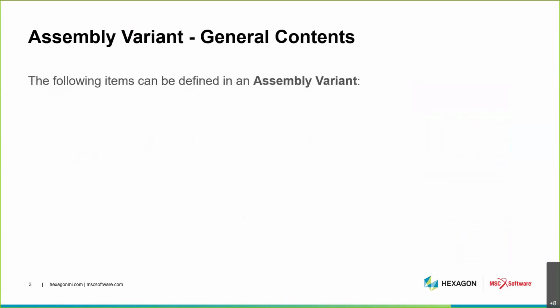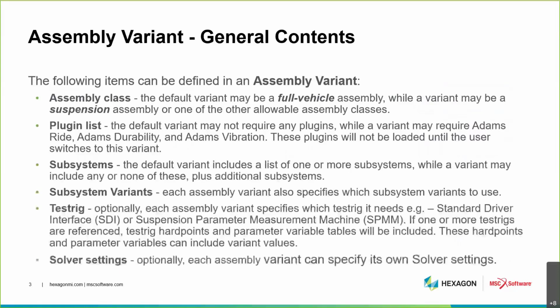As I mentioned, there are two levels of variant: an assembly variant and a subsystem variant. So what can be different? What can be defined in an assembly variant? Essentially, at the level of the assembly, you have a few different things.